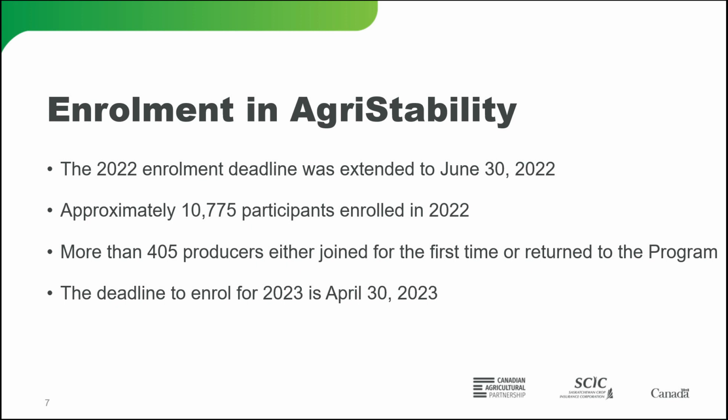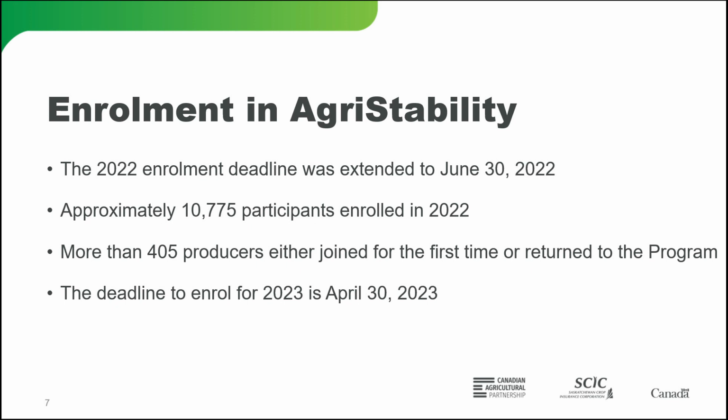So to enroll in AgriStability, the standard enrollment deadline is April 30th. And for the 2022 program year, that enrollment deadline was extended to June 30th. Approximately 10,775 participants enrolled, and more than 405 producers that had joined had maybe been away from the program for a while and returned.